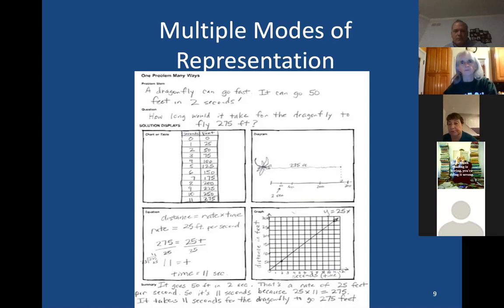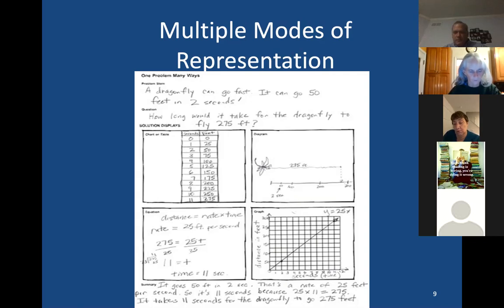So here they're looking at the math problem: the dragonfly can go fast. It can go 50 feet in 2 seconds. So how long would it take it to fly 275 feet? We work with the student to depict that in different ways. They can depict it in chart form, by seconds and feet, till they get to 11 seconds and 275 feet.